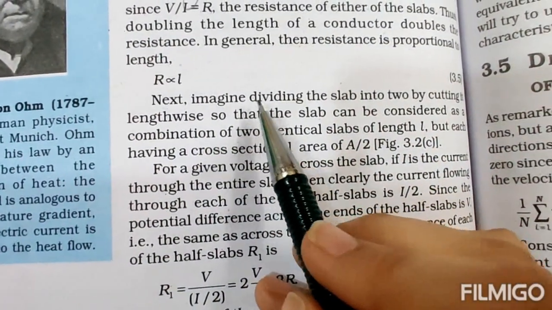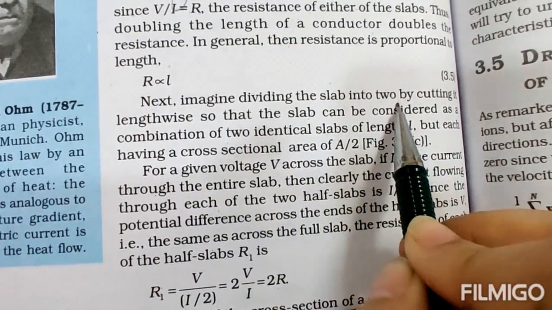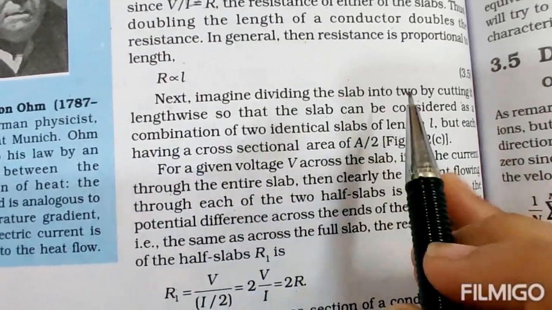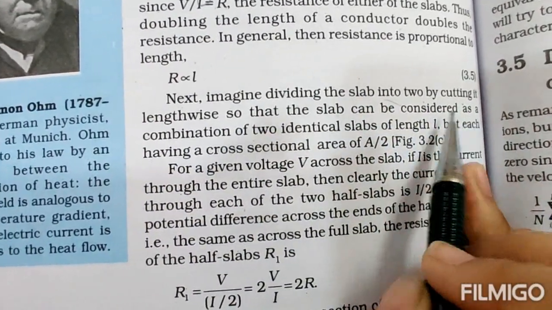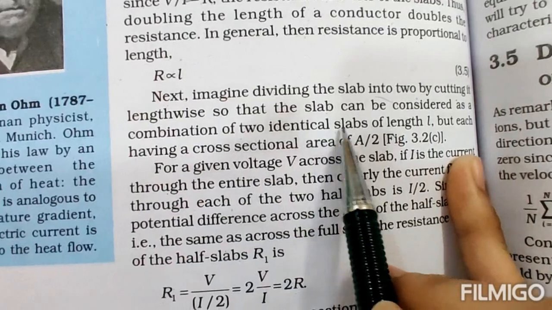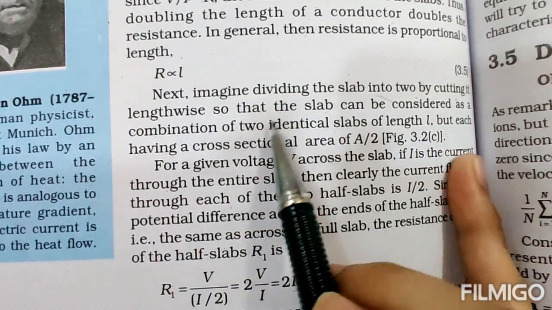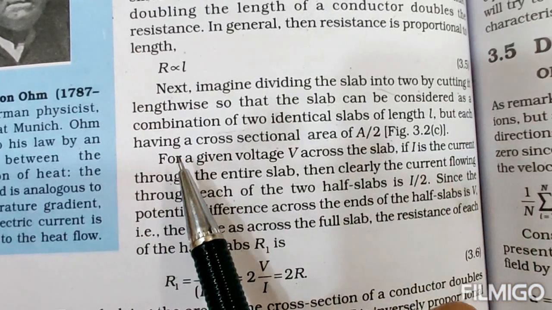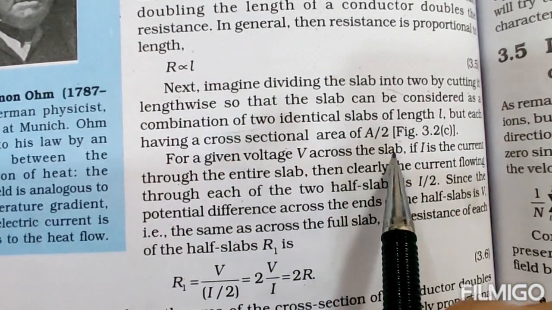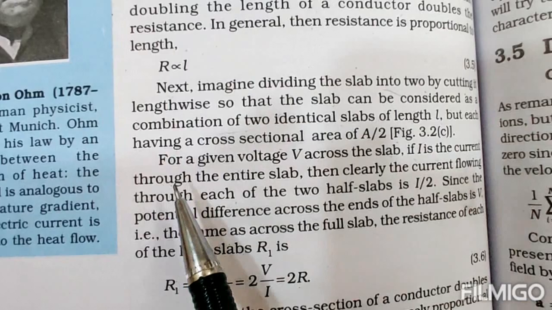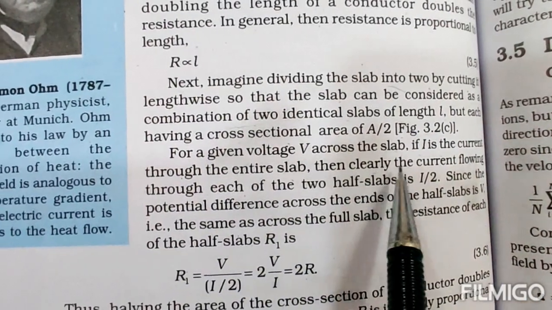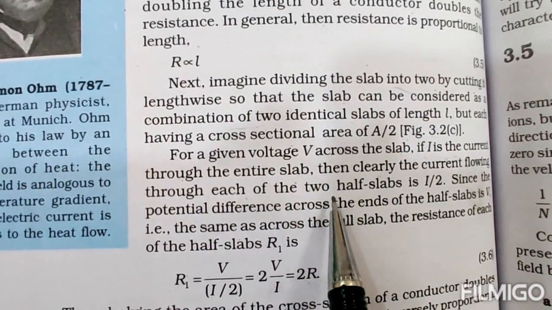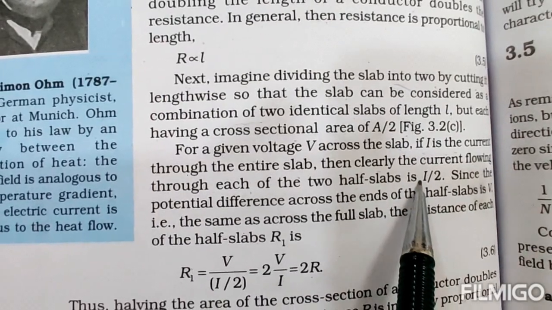Next, imagine dividing the slab into two by cutting it lengthwise, so that the slab can be considered as a combination of two identical slabs of length L, but each having a cross-sectional area A by 2. For a given voltage V across the slab, if I is the current through the entire slab, then clearly the current flowing through each of the two half slabs is I by 2.